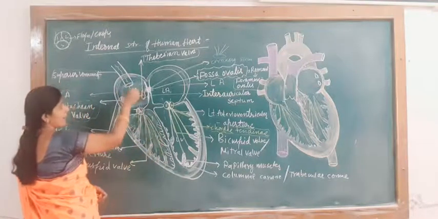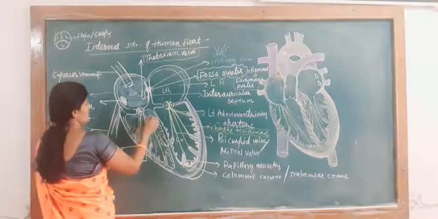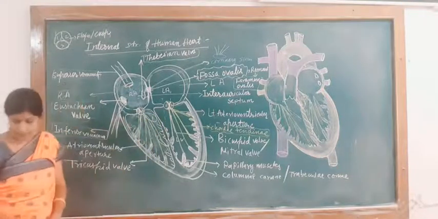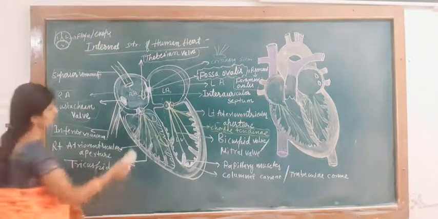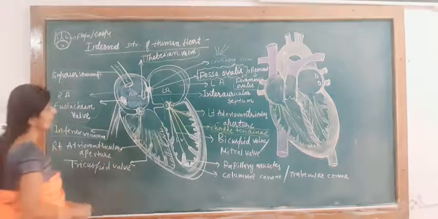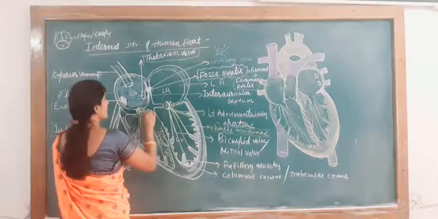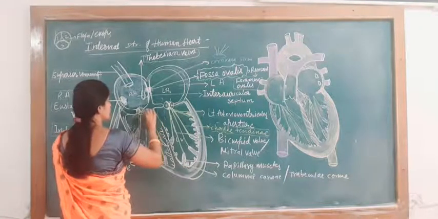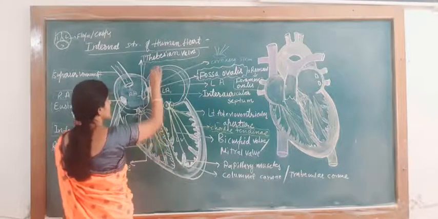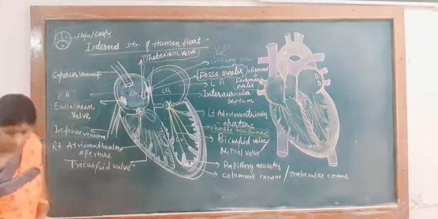When the auricle contracts, blood comes into this, and when the ventricle contracts, one big vessel takes its origin. This is the pulmonary aorta.